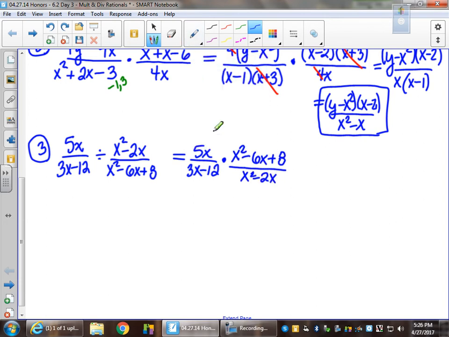So we just turned division into multiplication by this step right here. Multiplied by the reciprocal of the second fraction.